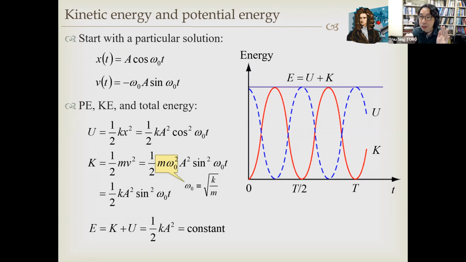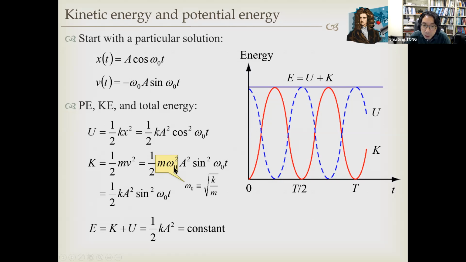It's proportional to E0 square, where E0 is the amplitude of the electric field. Okay, so again, the intensity or the energy is proportional to the amplitude square, but not to the amplitude. Okay, now how about the kinetic energy? It's also proportional to A square. How can we know that? We just substitute this expression for v, and we find that it is half m omega naught square A square sine square omega naught t.